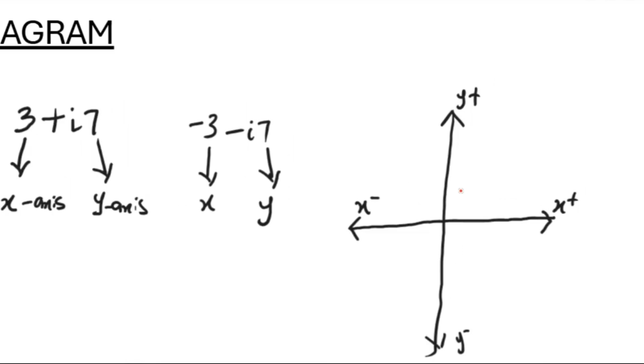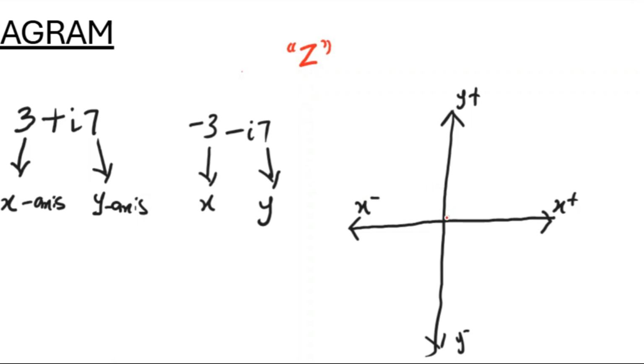Now we know that if we are to represent a complex number z, I don't want to represent a complex number yet because I'm going to do a series of examples to explain that. But let's assume that we have a complex number z, for example.